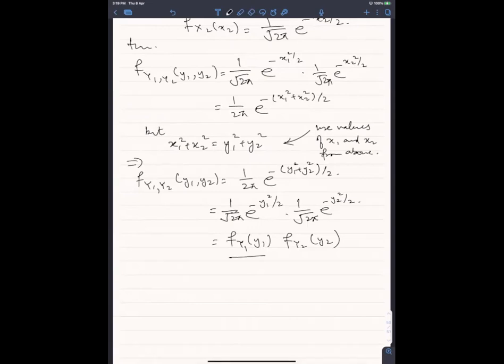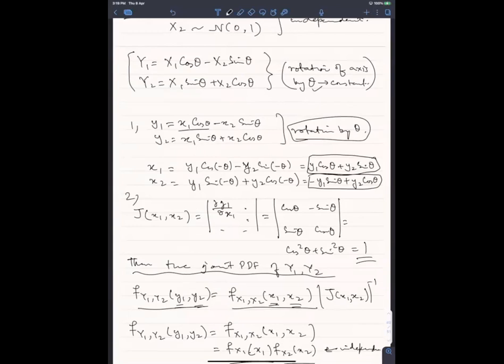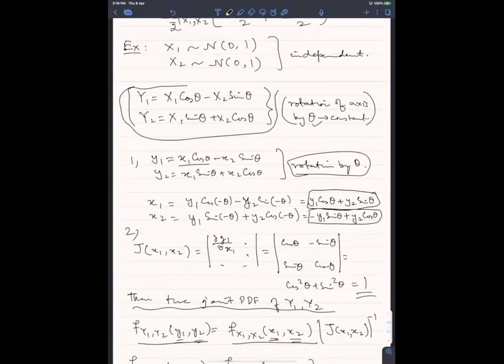So as we expected, a simple rotation of the axes had no impact, they are independent.